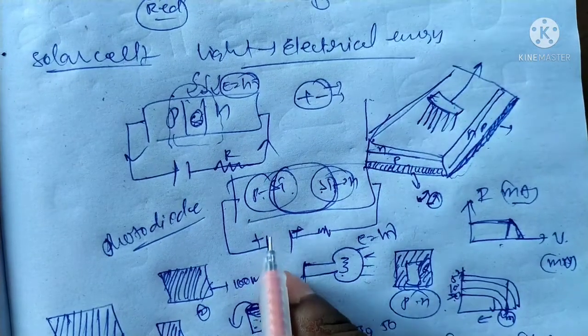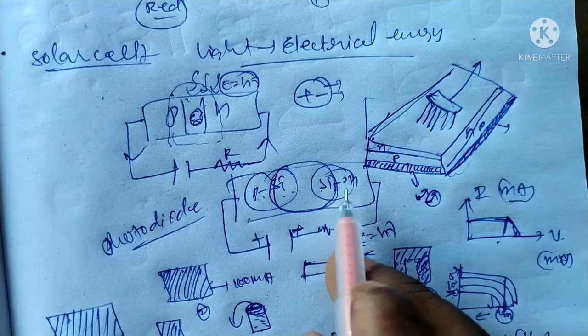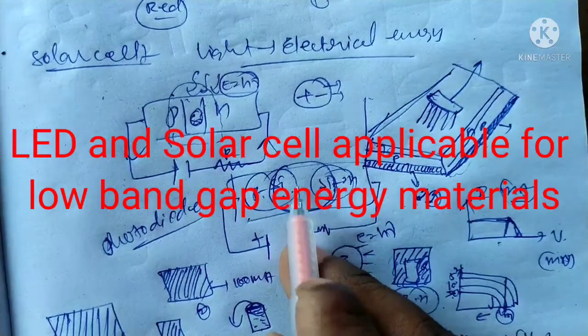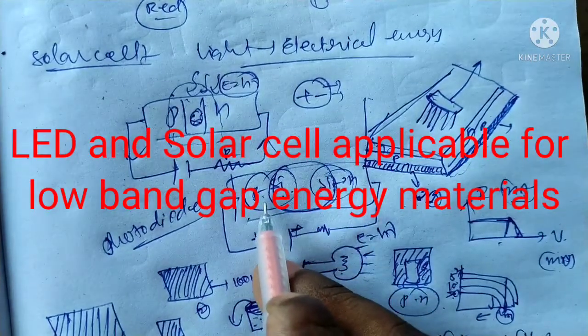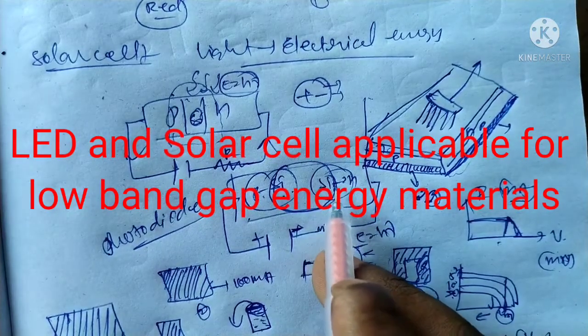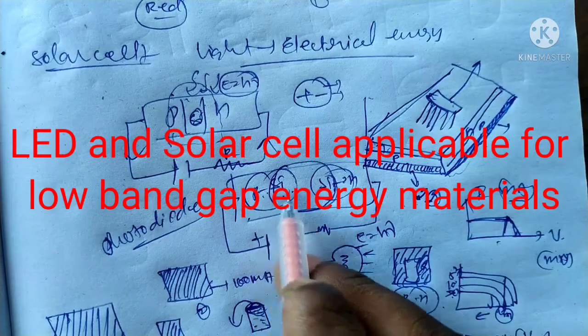Suppose we take p-type silicon and n-type silicon. That is the p-n junction diode, with a depletion layer connecting the p side silicon and the n side silicon. Holes move towards the n side and electrons towards the p side.